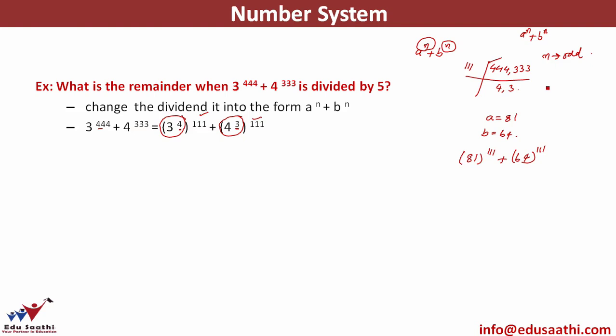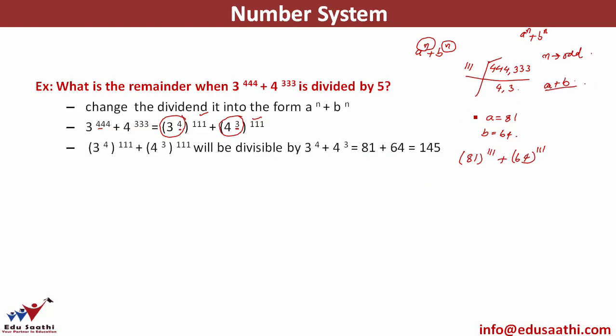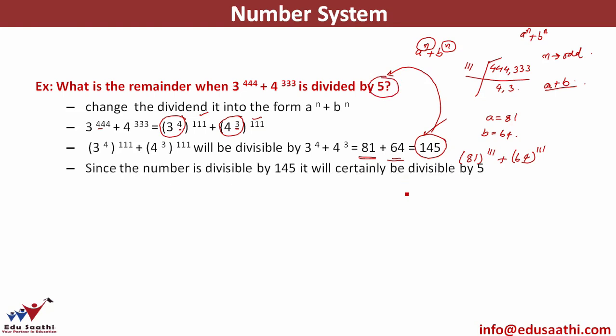So it is divisible by a plus b, which is 81 plus 64, which is 145. If a number is divisible by 145, it will be divisible by its factors as well. So it will certainly be divisible by 5 and the remainder would come out to be 0.